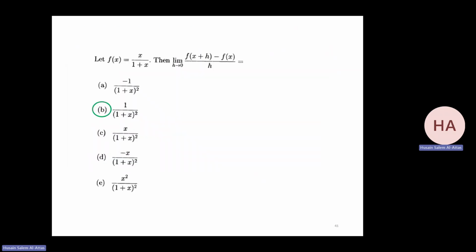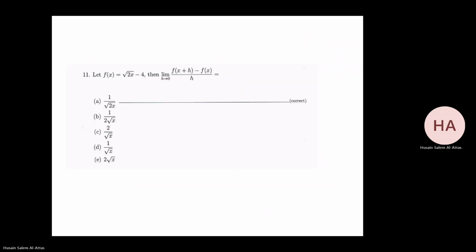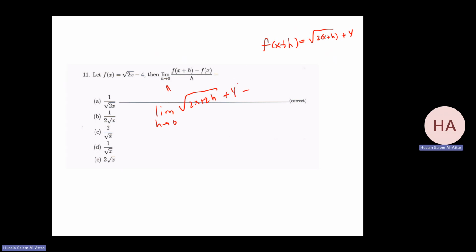We're finding the derivative. Okay. So we'll do f of x plus h. What is it? Square root of 2(x plus h) plus 4. So plug it there. You have the limit as h goes to 0 of square root of 2x plus 2h plus 4 minus f of x, square root of 2x minus 4.